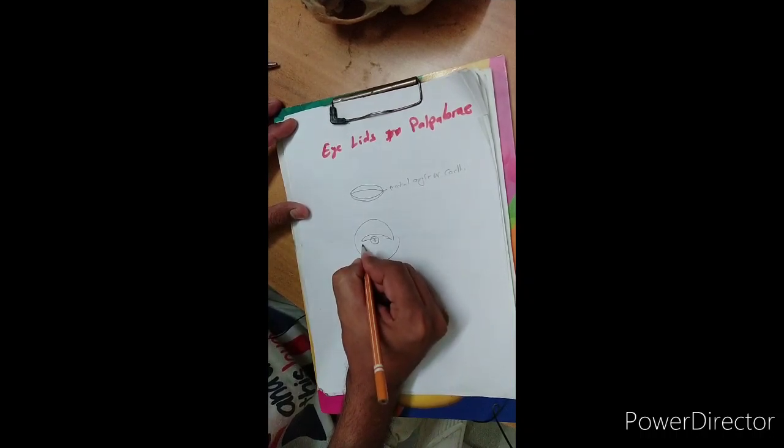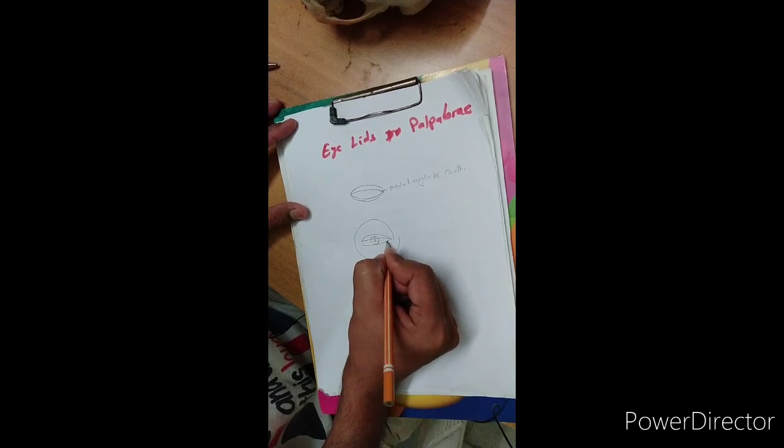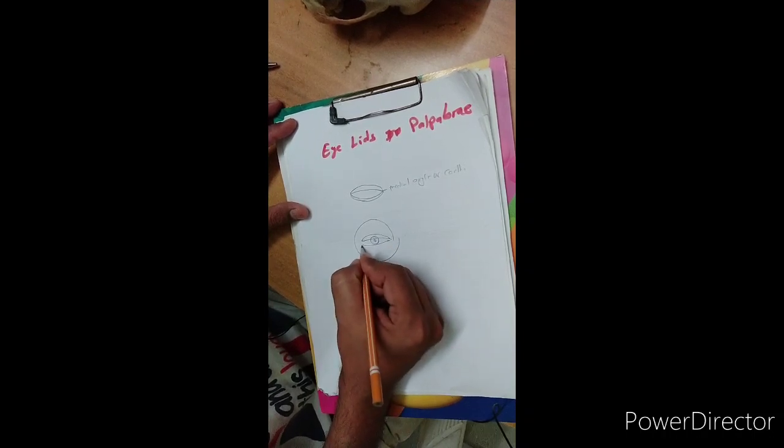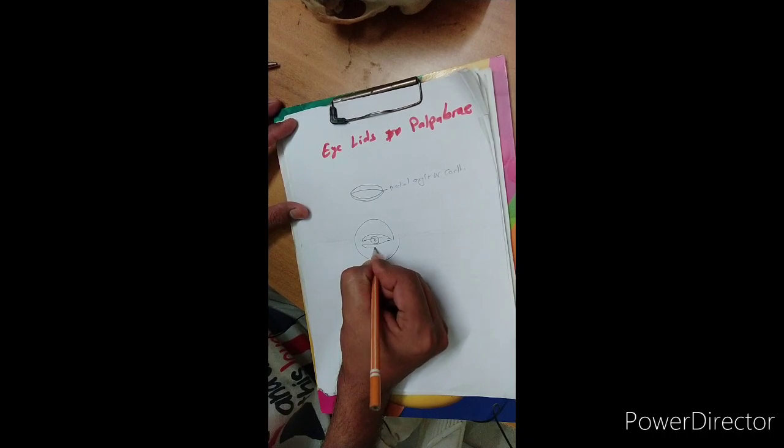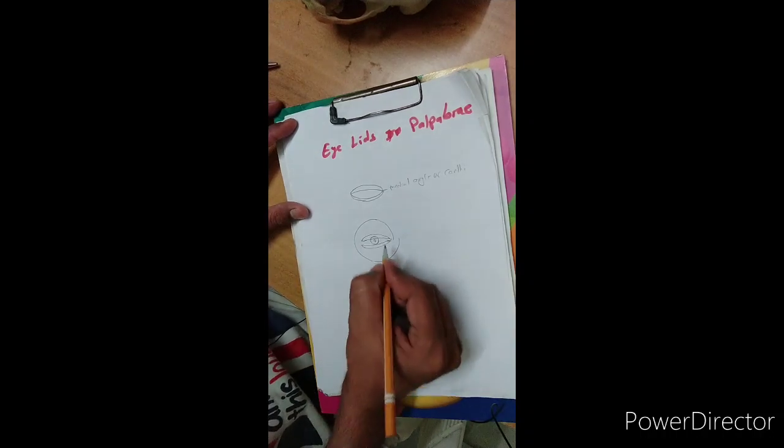And the lower eyelid only reaches the lower margin of the cornea, like this. And they are connected on the medial side here.